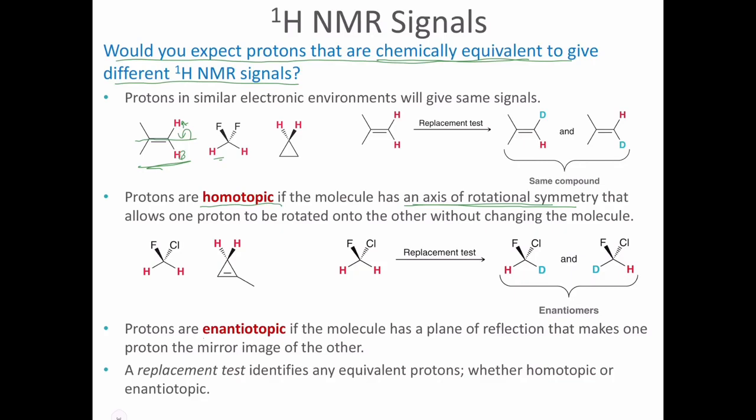Protons could also be enantiotopic. That is, if the molecule has a plane of reflection that makes one of the protons a mirror image of the other. So this one does not have an axis of rotational symmetry, but we can interchange the protons so that one of them becomes a mirror image of the other.